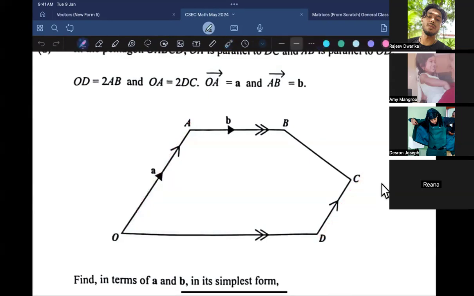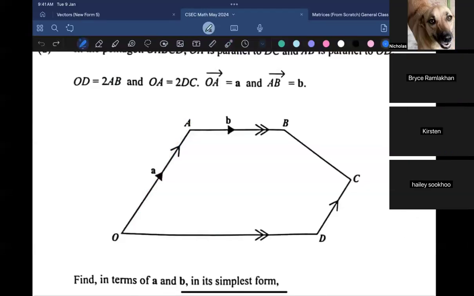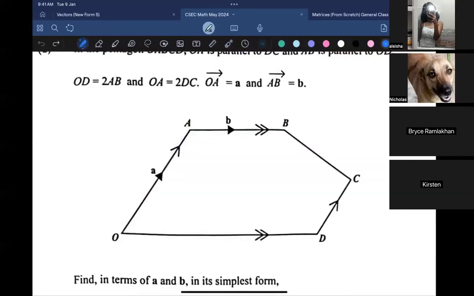If O to A, this whole thing over here, is vector a, what would half of O to A be? So what would the vector from D to C be? We know it's half of O to A. And what's the vector for O to A?